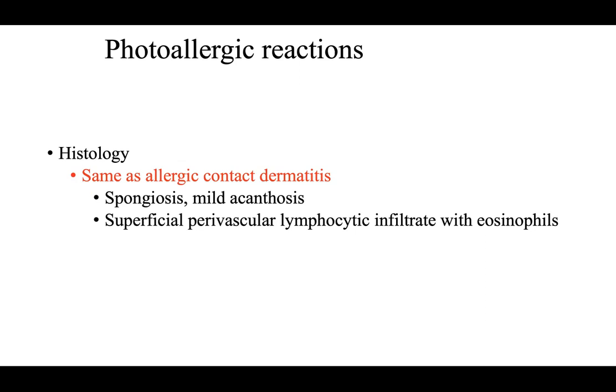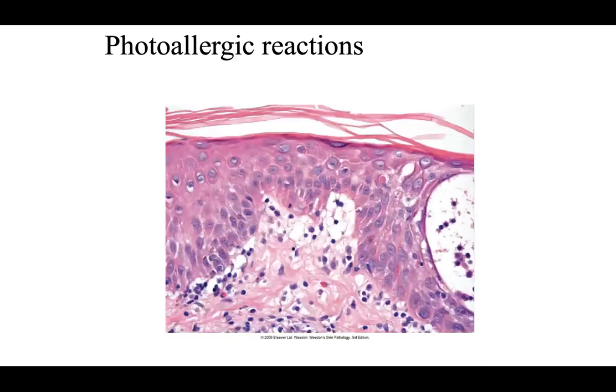You'll see spongiosis, mild acanthosis. You'll see a superficial perivascular lymphocytic infiltrate with eosinophils. You'll see some Langerhans cell microabscesses, all the things that we mentioned in allergic contact. Here's another example of that, spongiosis of the epidermis. You can have spongiotic vesicles. The other thing with photoallergic reactions, especially chronic, is you'll start to see some melanin capping due to photoadaptation.